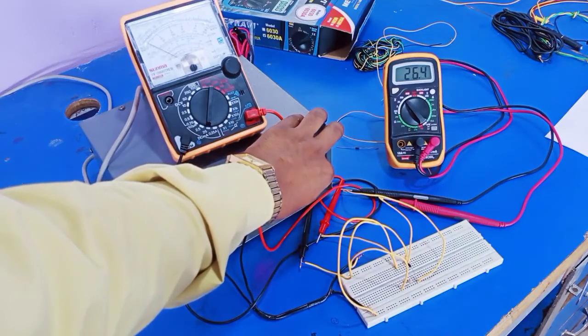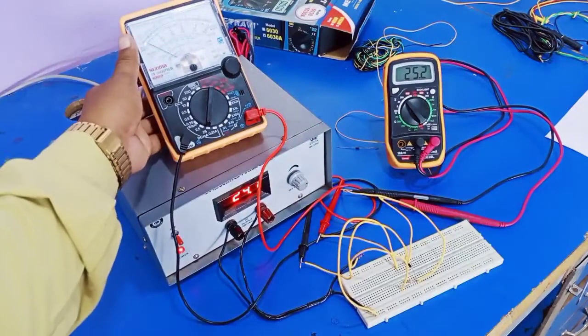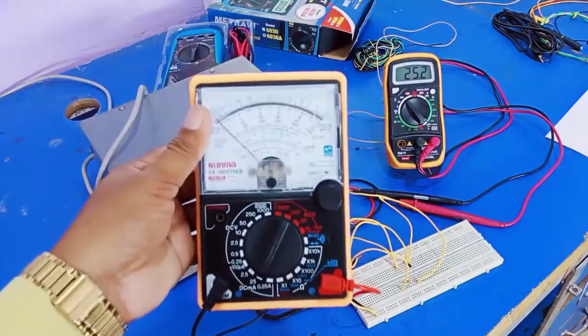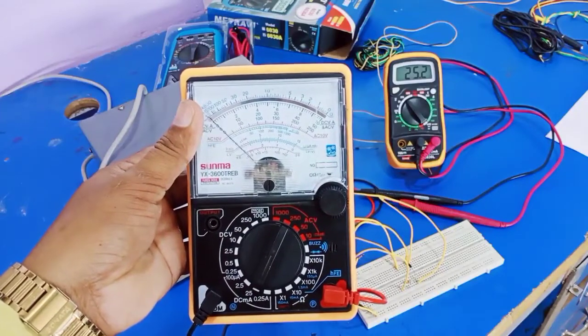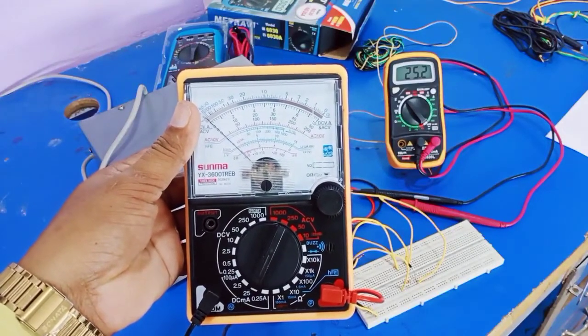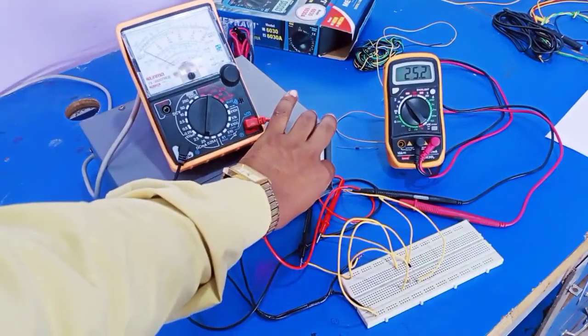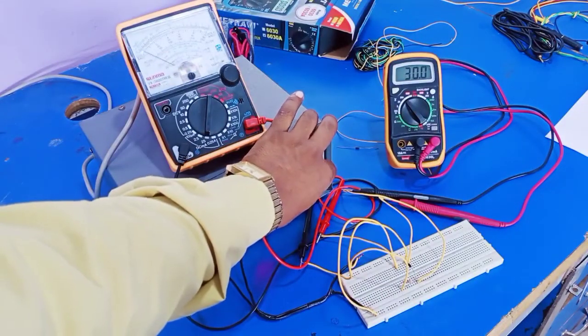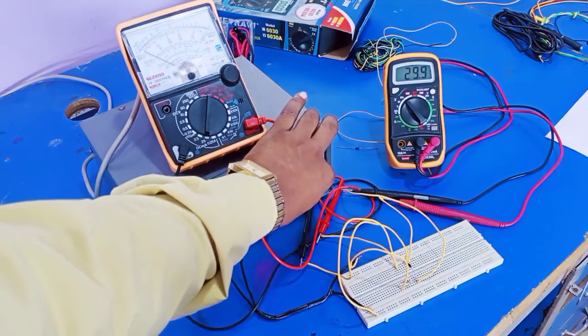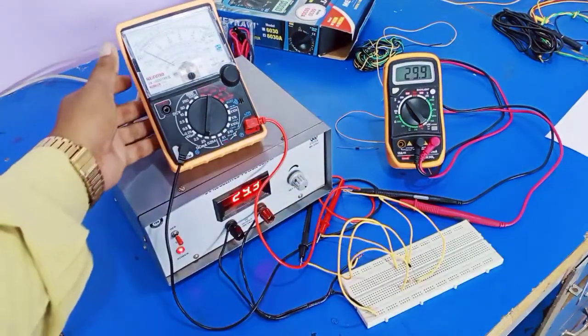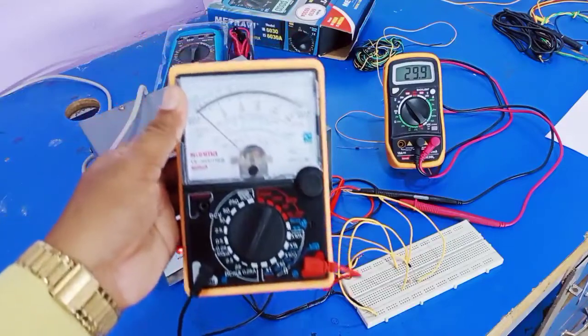Again I increase to 25 volt. In this state also the current is 0. Again I increase the voltage to 30 volt. The current is 0.